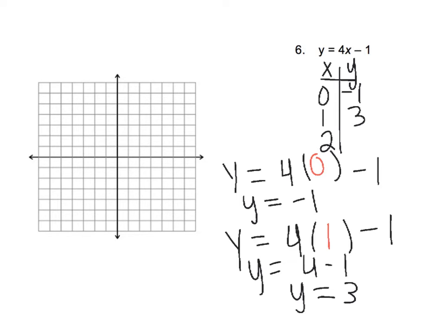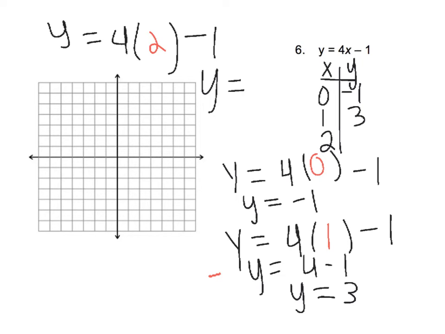And then if I do the same thing over here with 2, I've got y equals 4 times 2 minus 1. So we'll get y equals 8 minus 1. And that is y equals 7. So 2, 7.